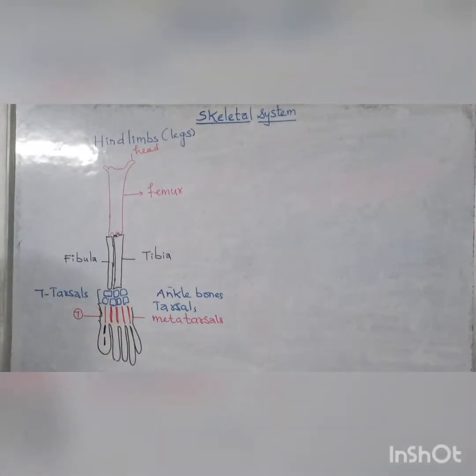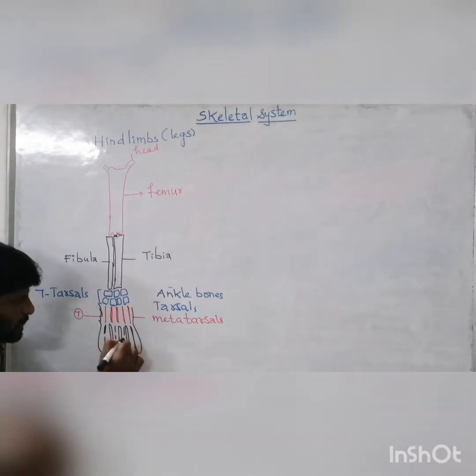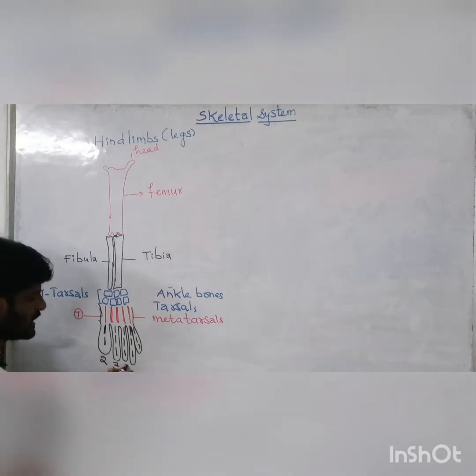Therefore, the thumb contains 2 bones, and 3 bones are present in the second finger, 3, 3, 3. Therefore, the digital formula of the hind limb is also the same: 2, 3, 3, 3, 3.